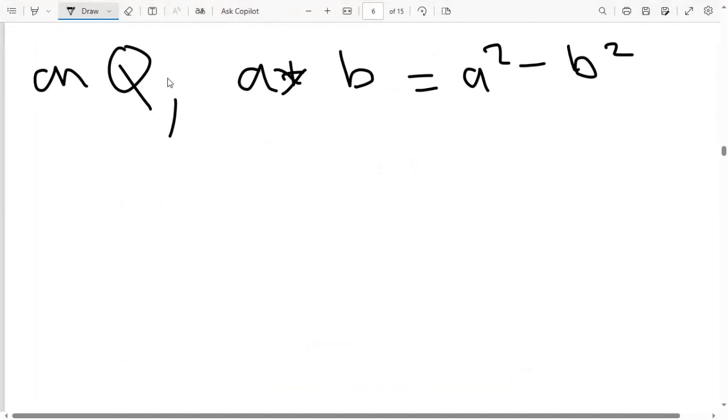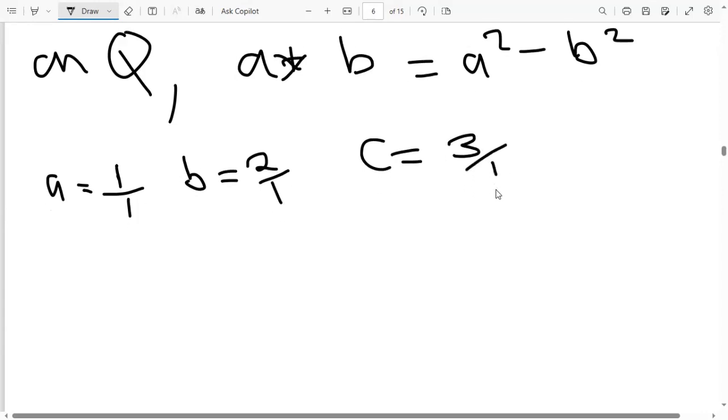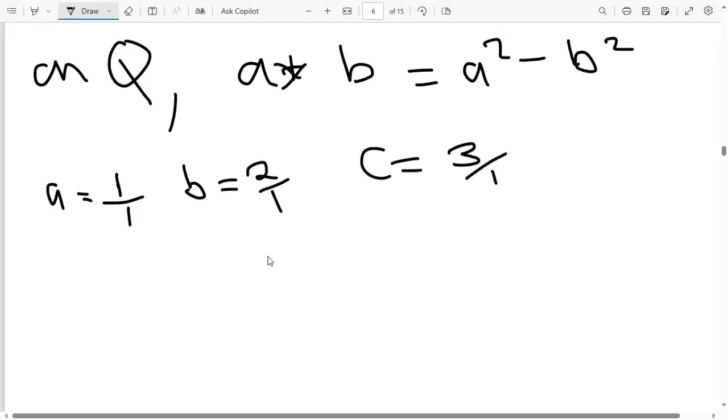We are on the set of rational numbers, so we can pick fractions there. Say my A is 1, because I know 1 over 1 is a fraction. B, I'll say 2, because 2 over 2 is a fraction. And I can also pick C to be 3 when we're testing the associative property.